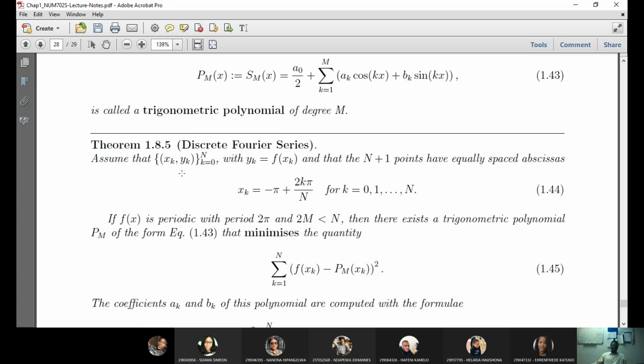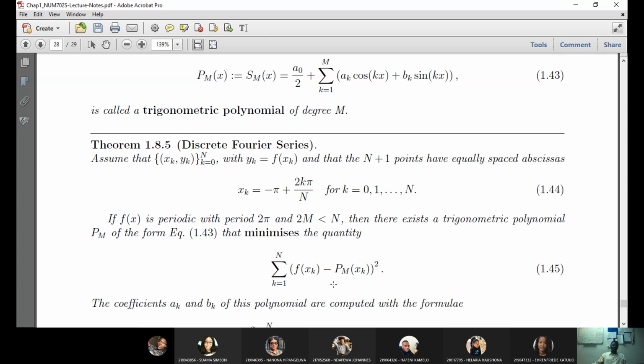So this is the set of data points (x_k, y_k). We have exactly n plus 1 points, and y_k represents the value of a given function at x_k. The function f is only known at discrete points, but we don't have a representation of that function.